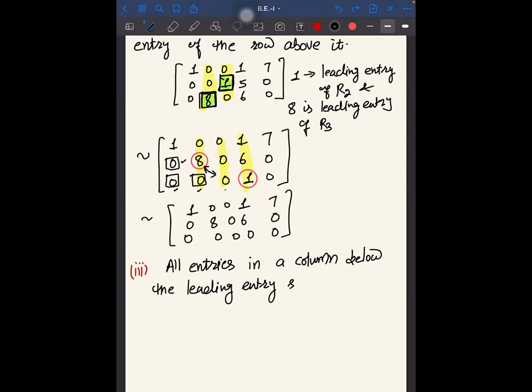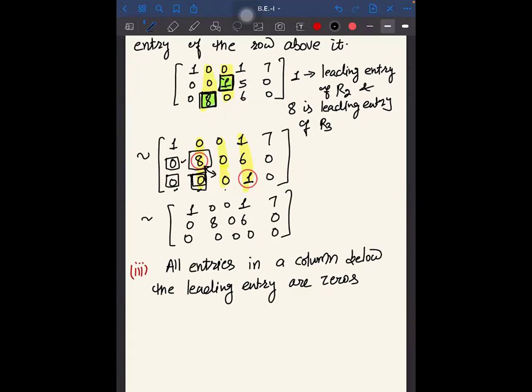Now, if you see, this is your leading entry, right? If entries are present below this in the column, then they should be 0. That's what it says.